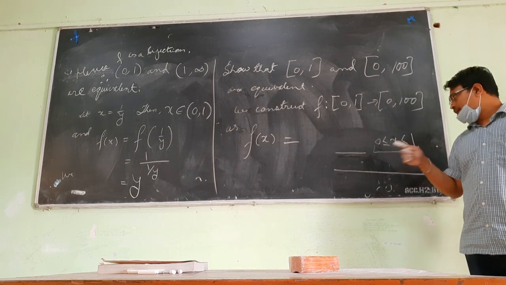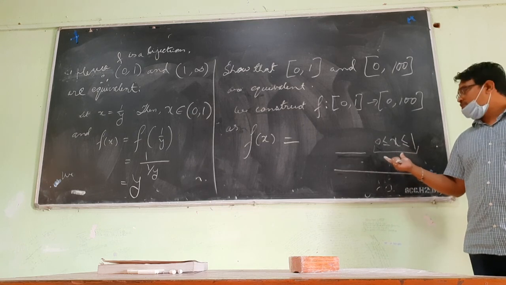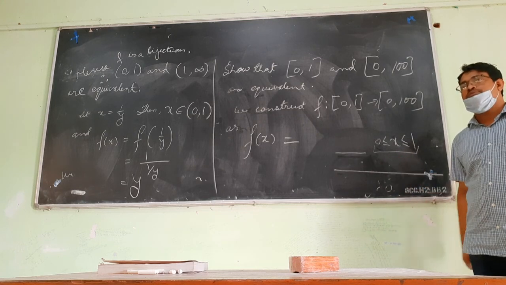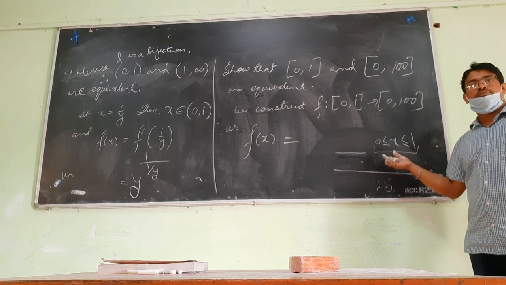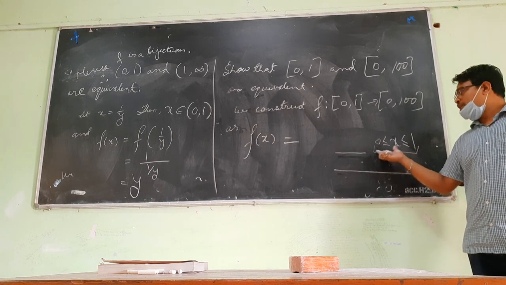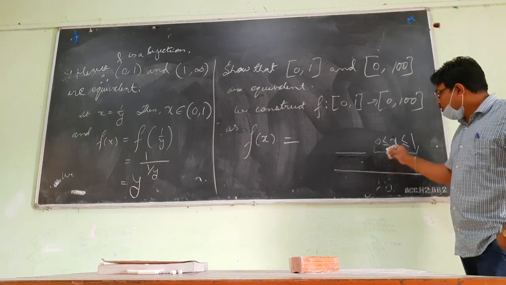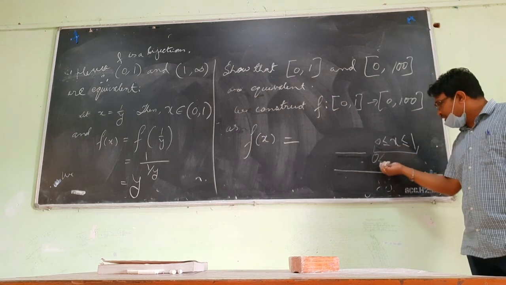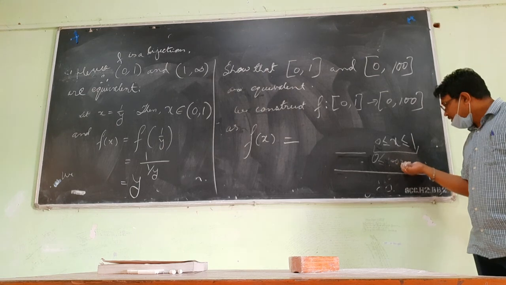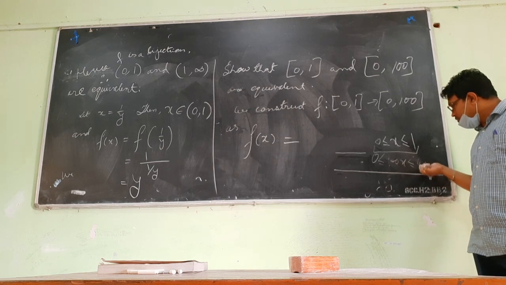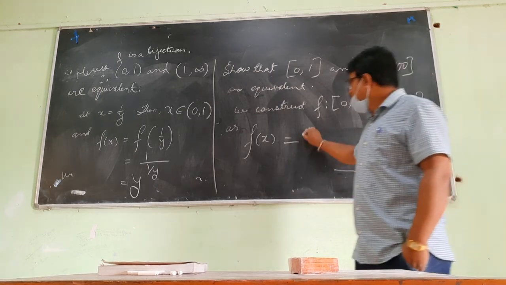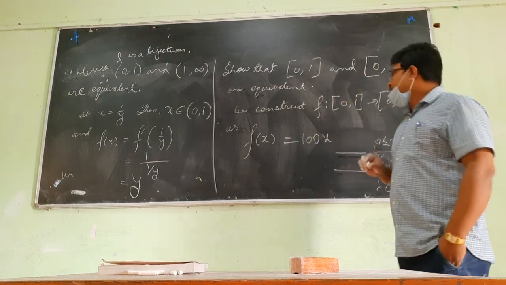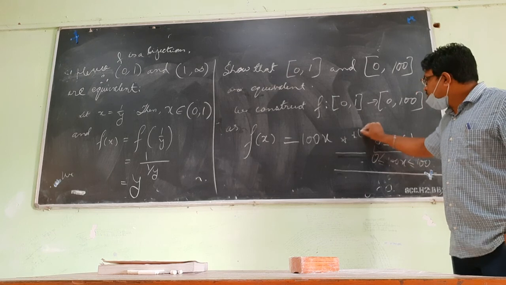Plus, minus, divide, multiply, what should you do? Multiply all sides by 100. In that case, what will you get? 0 is less than or equal to 100x, which is less than or equal to 100. So the function is f of x equals 100x, nothing else. f of x is 100x for all x inside [0,1].